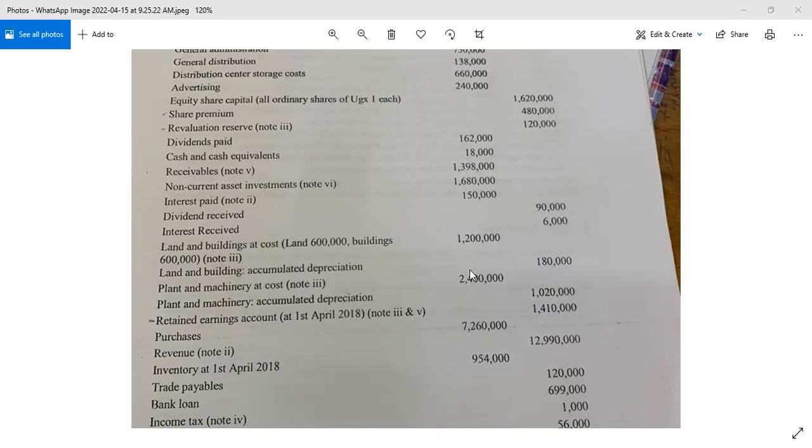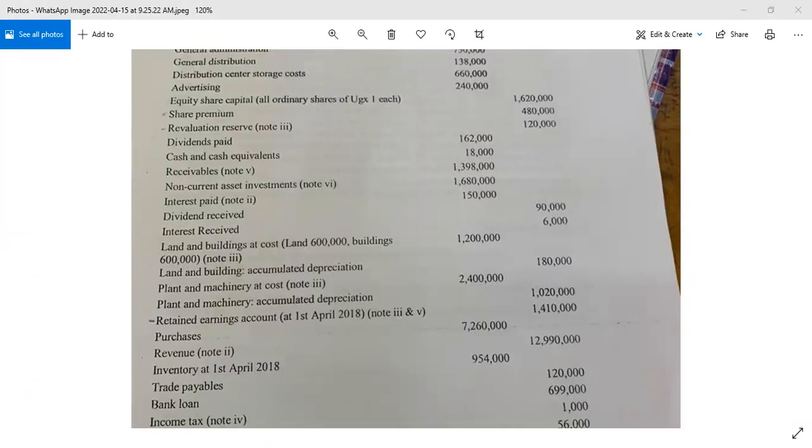The first thing you do is pull all the cost information, which is given in the trial balance. So land is the balance carried down or brought down. I'll share the worksheet just shortly. So balance carried down, all the costs actually.